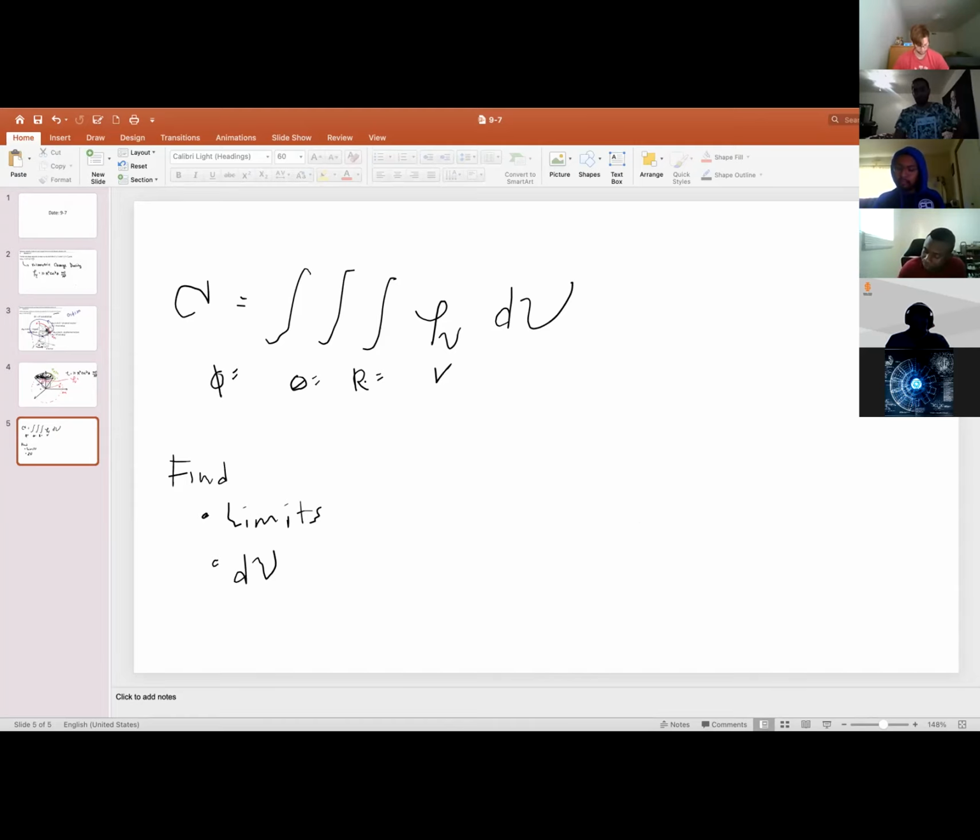See if you can figure out what the limits are, and that's basically what we just discussed. And then also see if you can figure out what this dV is going to be. If you need a hint, take a look at the vector cookbook, which still has a lot of information on all these integrals. So try setting up this full integral.